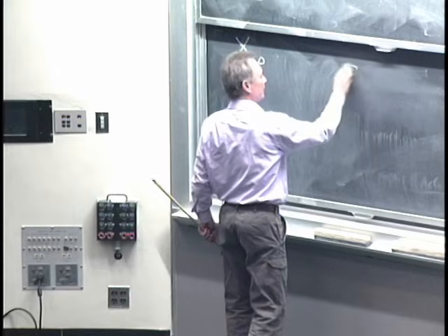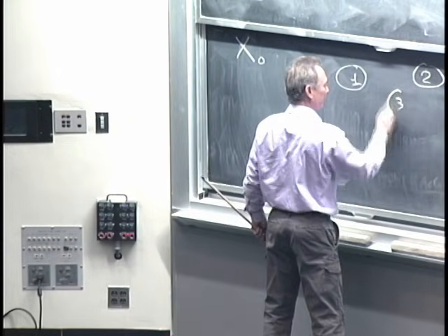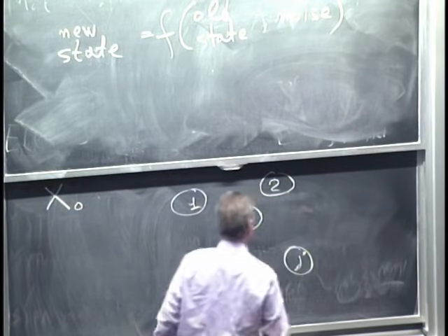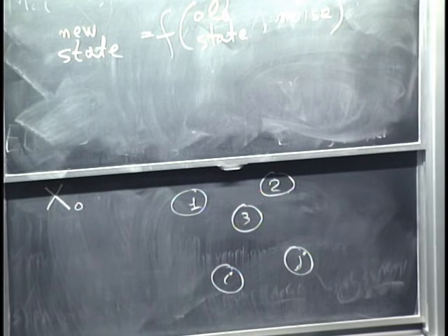Now, we have a set of possible states, state 1, state 2, state 3, and in general, states i and j. To keep things simple, we assume that the set of possible states is a finite set. As you can imagine, we can have systems in which the state space is going to be infinite.